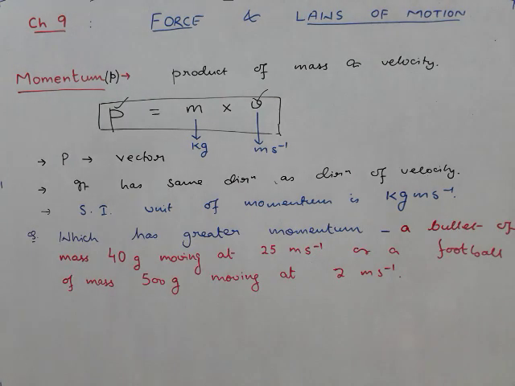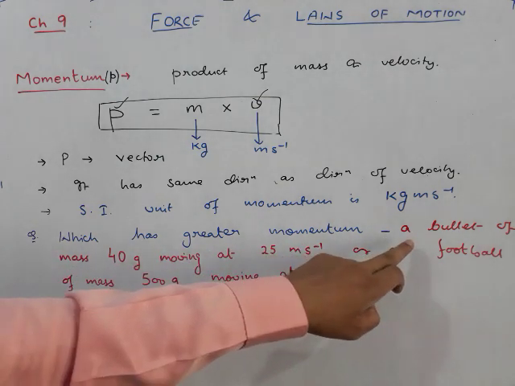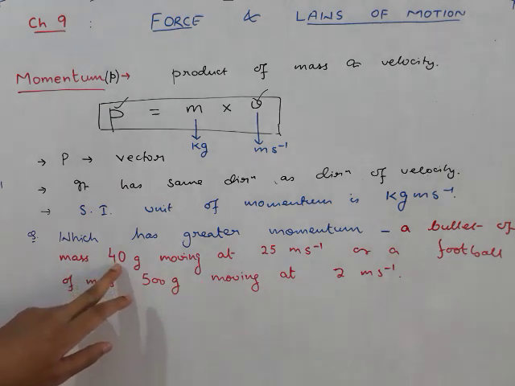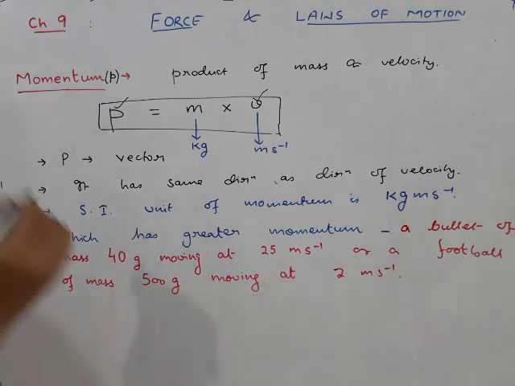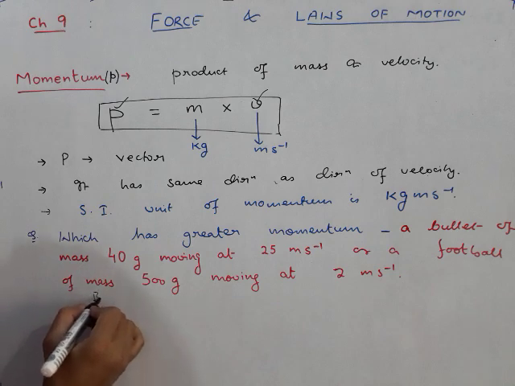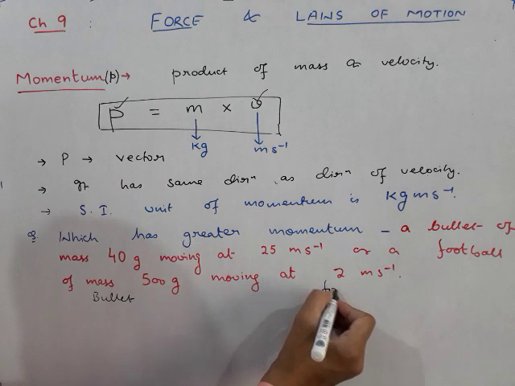So based on this, let's do a question, simple question. Which has greater momentum? A bullet of mass 40 gram moving at 25 meters per second, or a football of mass 500 gram moving at 2 meters per second? So we will calculate for bullet and for football separately.